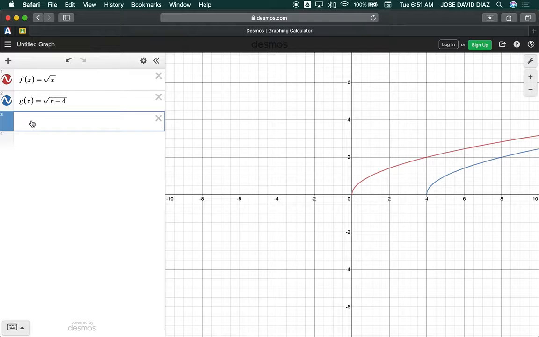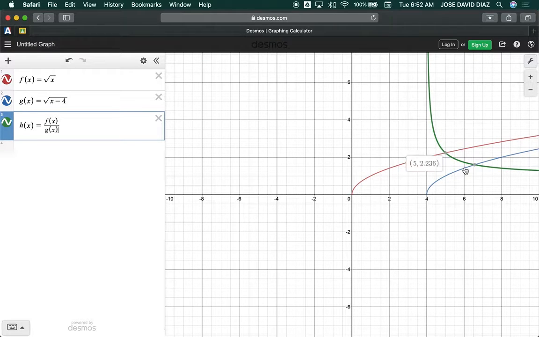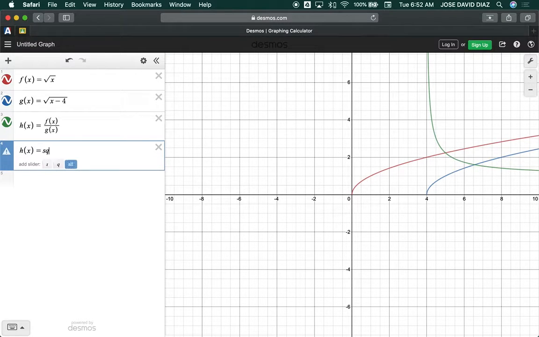Now if we do, let's call the new one h of x, as f of x divided by g of x. That is the graph. And notice that there is an asymptote in here, so we never reach 4. And if we want to make sure that we have the correct graph, we can just type in h of x as our answer, the square root of x divided by the square root of x minus 4.